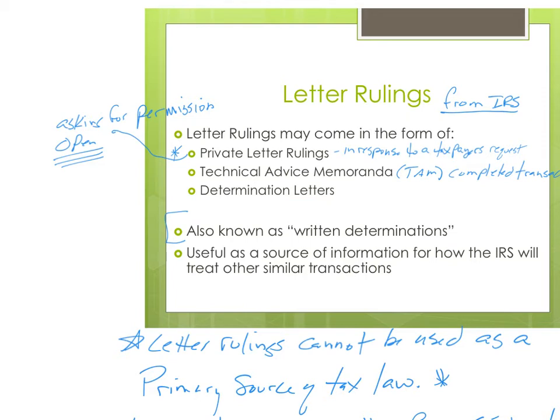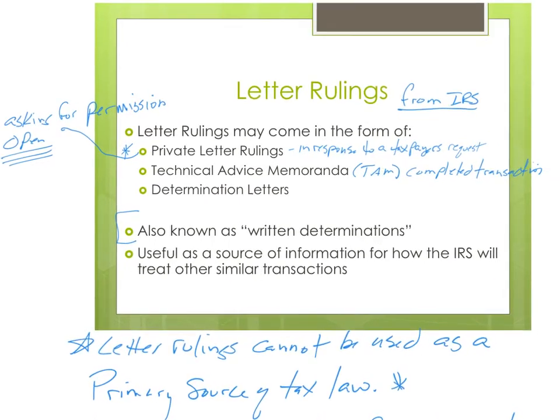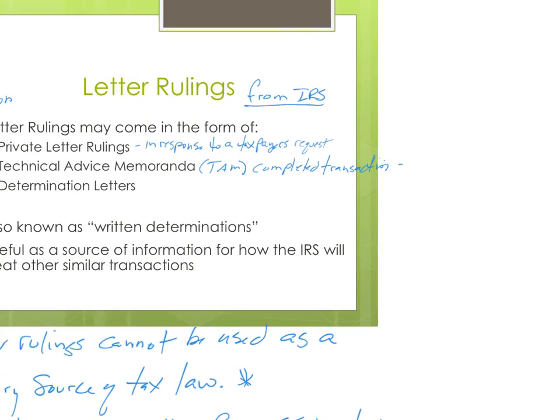This TAM is related to a completed transaction, and it's requested by an IRS agent during an audit. So again, a private letter ruling is requested by a taxpayer asking permission. A TAM is about something that's already happened, and an IRS agent is looking for some guidance during an audit.